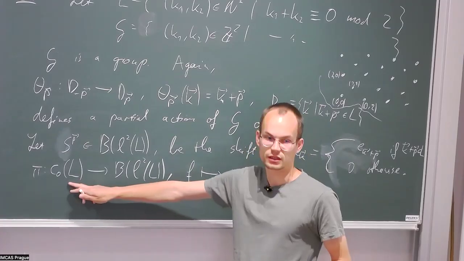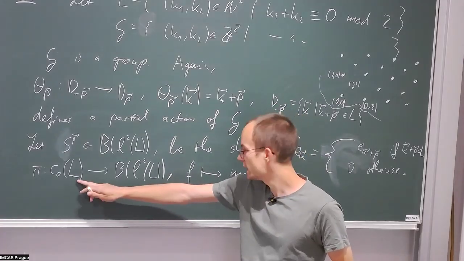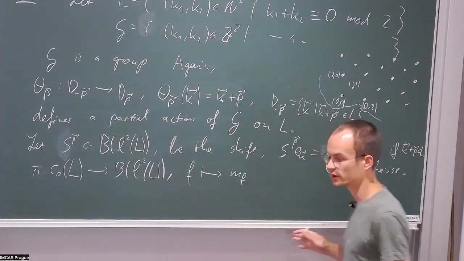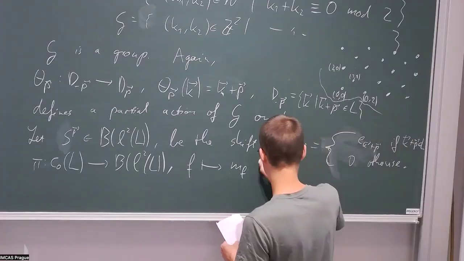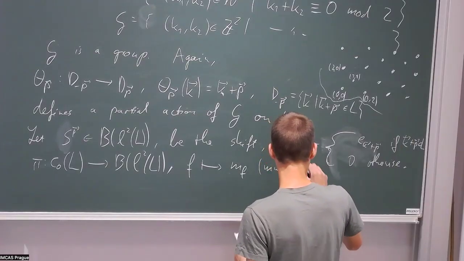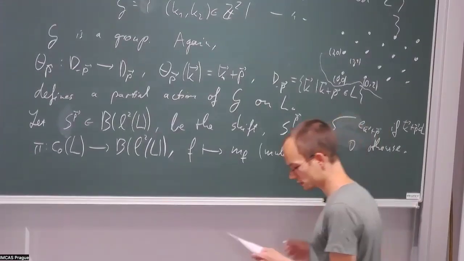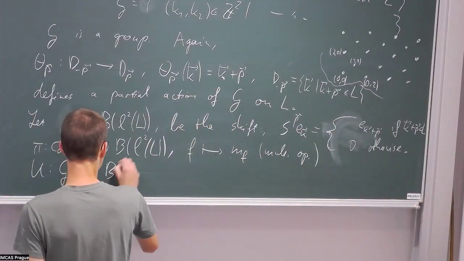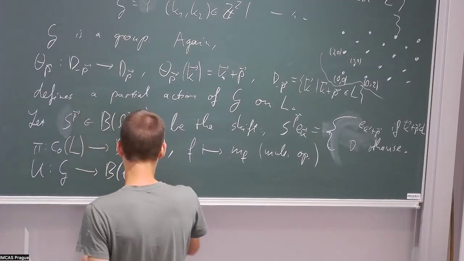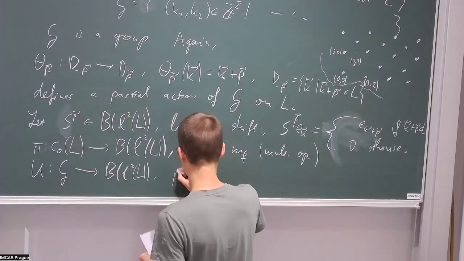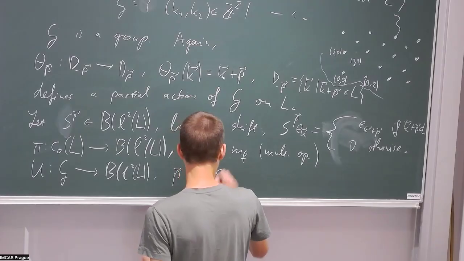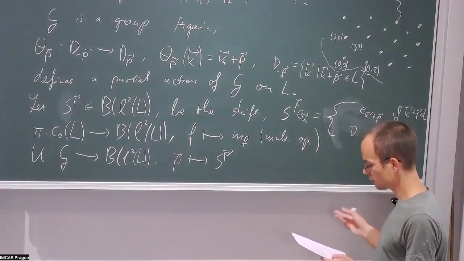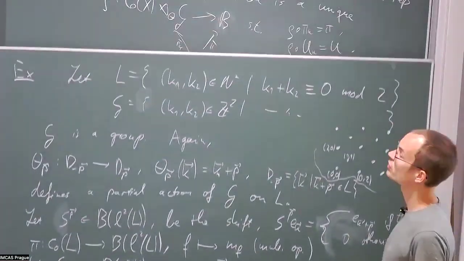If I have a C0 function on L, I can define an operator on L2 of L that acts by pointwise multiplication. And you should map any p to the associated shift, so p gets mapped to S_p. So this is a covariant representation.